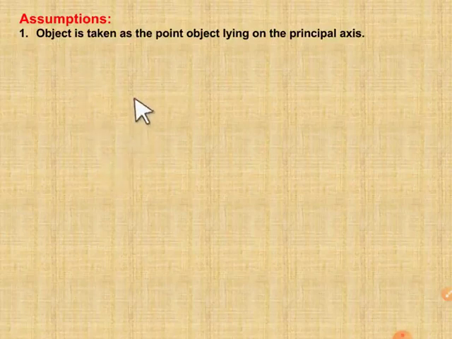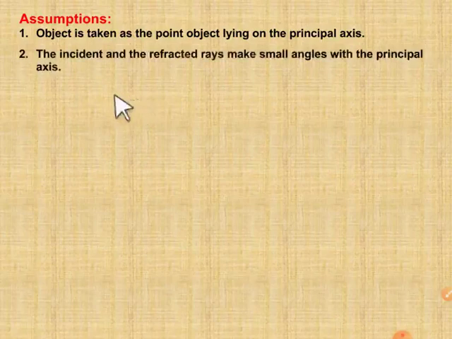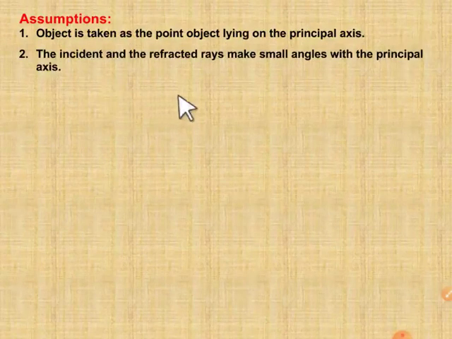Now the first assumption is that the object is taken as a point object. Point object means it is a point-size object. That means the object should be very small, lying on the principal axis, and the incident ray and the refracted ray make a small angle with the principal axis.